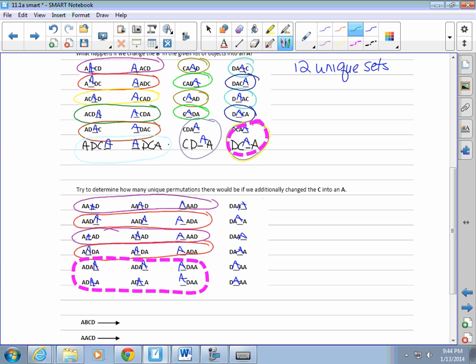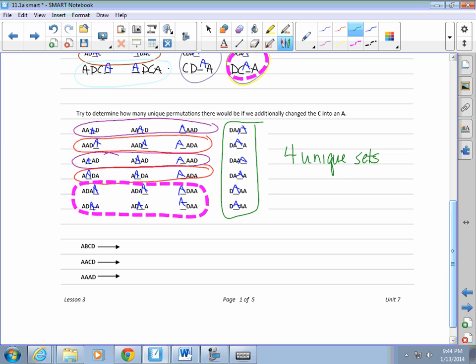Haven't used green. So how many distinct or unique sets do I have? Well, there's 1, 2, 3, 4. So you'll notice when I had 4 different letters and I arranged them, I had 24 possible arrangements.